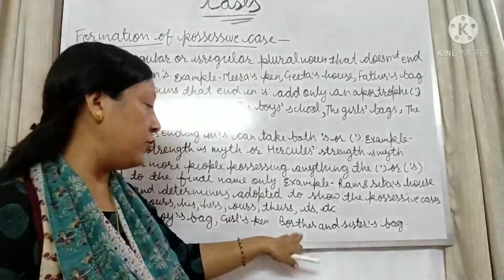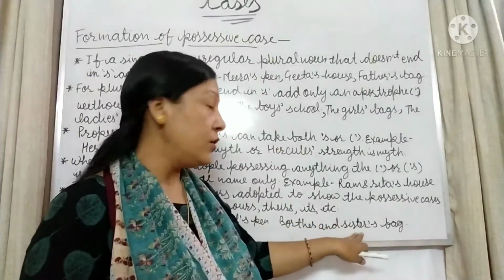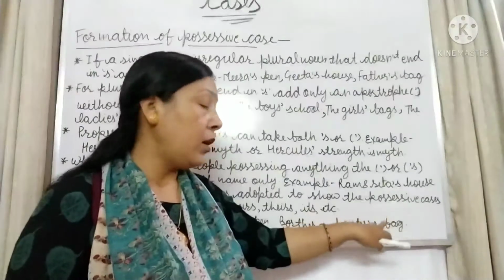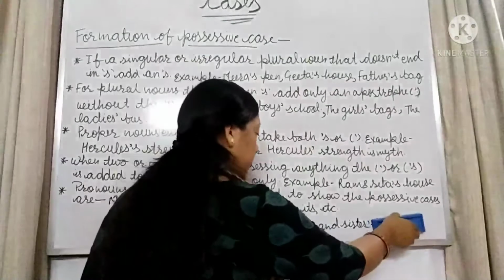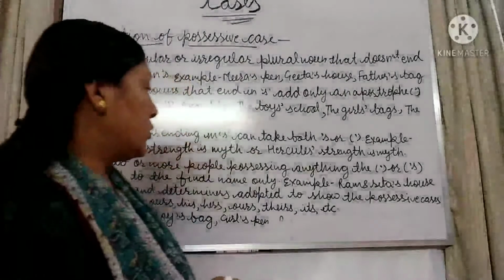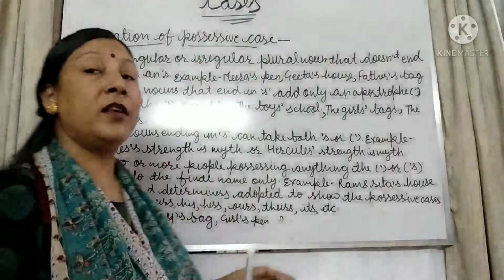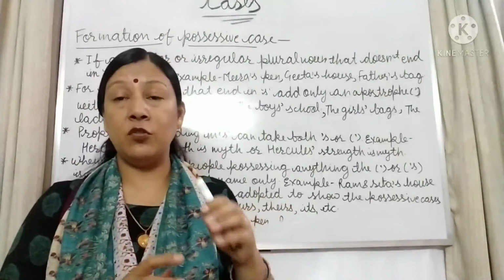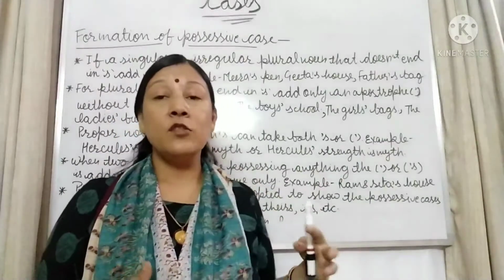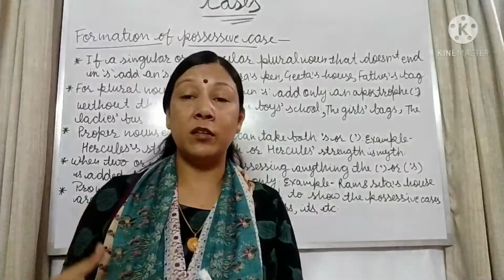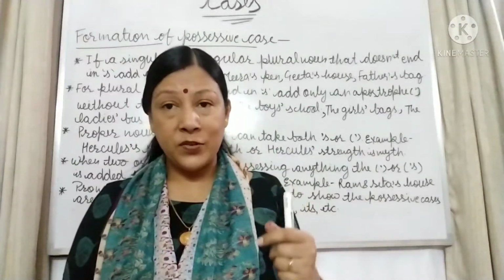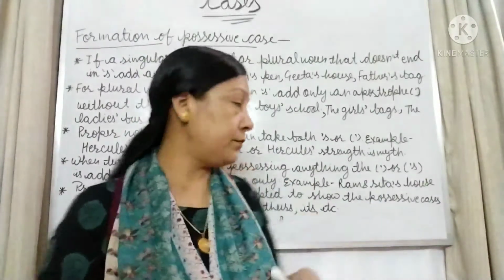So you can see the last one is sister, so I have written apostrophe s with sister, the last one. Clear? So this way, when two or more people are possessing a thing, with the last one we will write the apostrophe or apostrophe s.